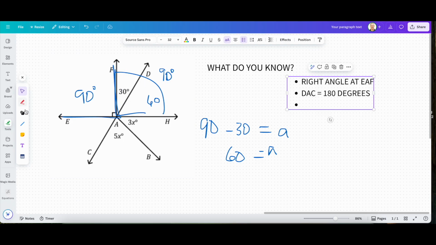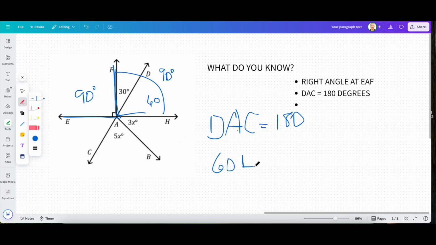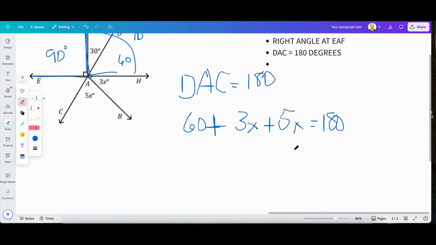So what we also know is that if this is 180 degrees, 60 plus 3x plus 5x equals 180 degrees. Okay, now it looks like we have an algebra problem.